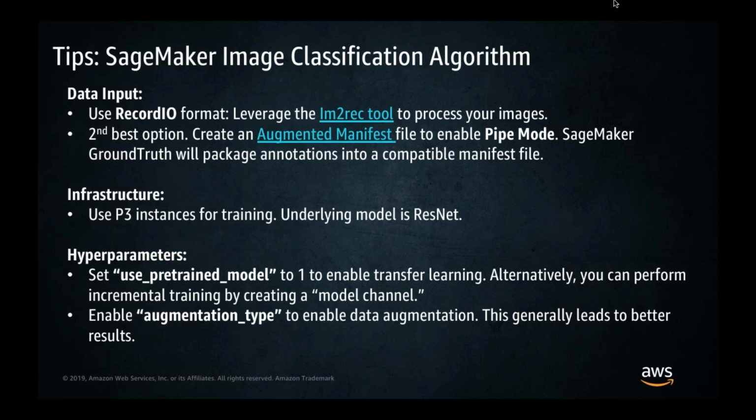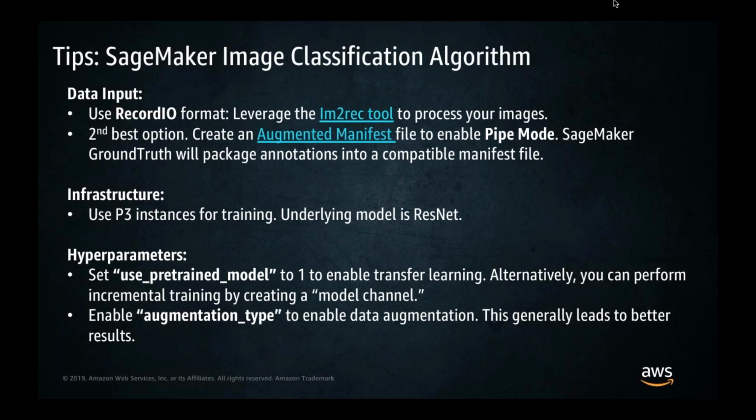So I want to spend a little bit of time providing you some tips. If you use the image classification algorithm, here are some helpful things to consider. First, I recommend pre-processing your data into RecordIO format. RecordIO is an optimized file format for training on MXNet. It's going to reduce your training time and reduce resource consumption.